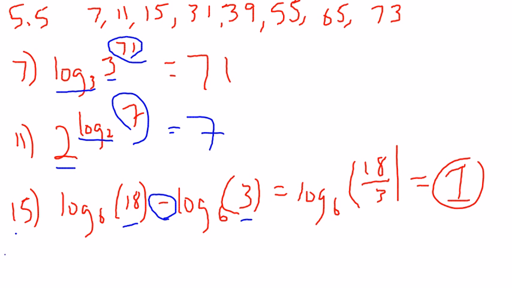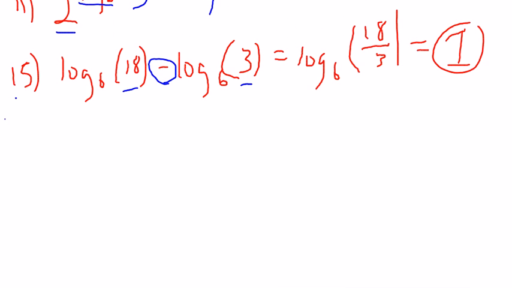Next one, let's go down. 31. So now we're dealing with variables in these. It says to write it as a sum and or difference of logarithms, and then to express powers as factors. Next two I'm going to do are going to have those directions.